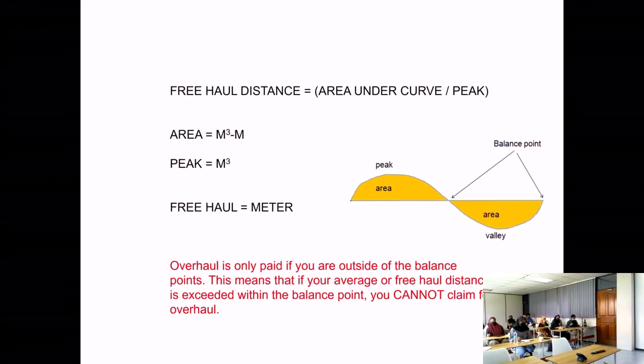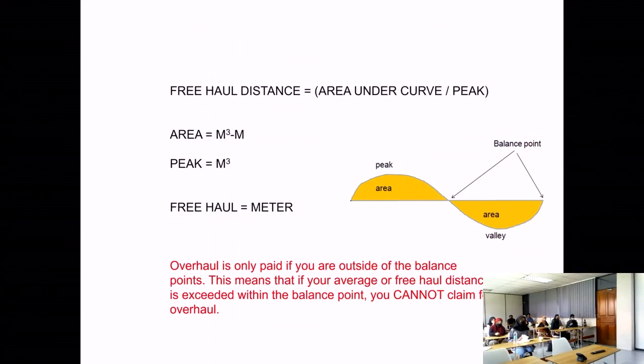And this freehaul distance is just one curve. You have to calculate for all the curves. There are 1, 2, 3, and 4. And lastly, take the average of all the freehaul distances you got. Once you have the average, you place it as a cross line in the middle of the curve. You go to the left half of the average and the right half of the average. Then you know that is the free distance.